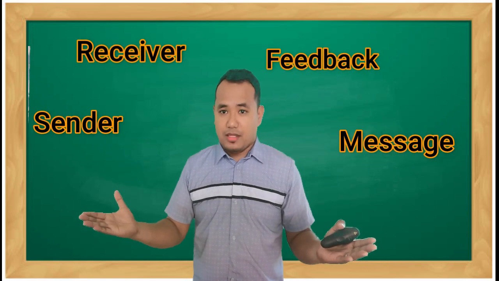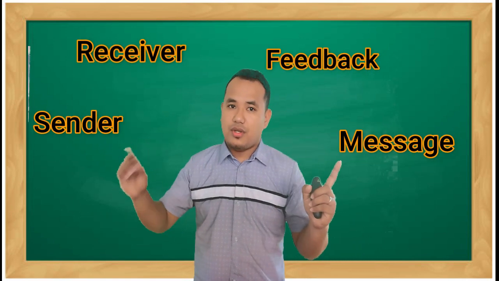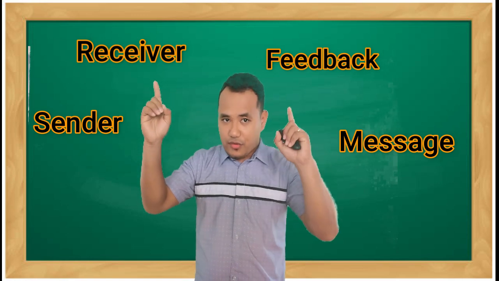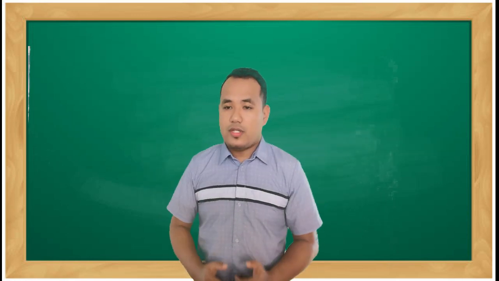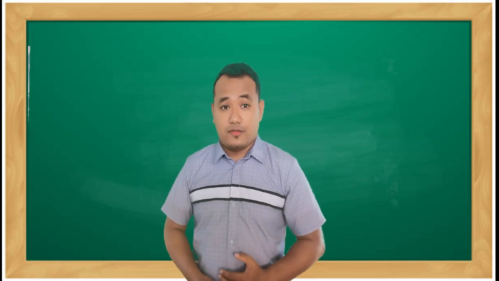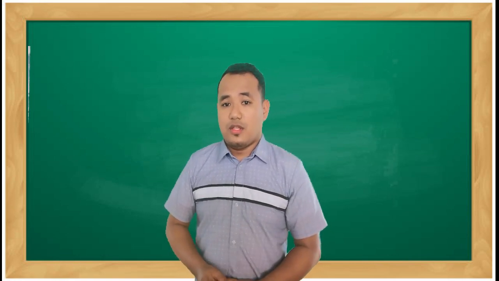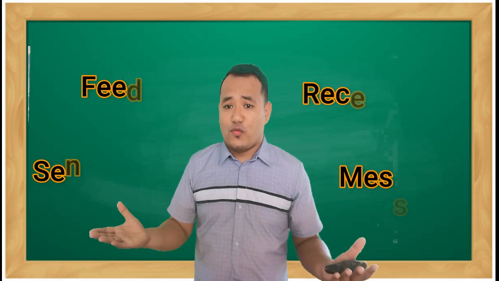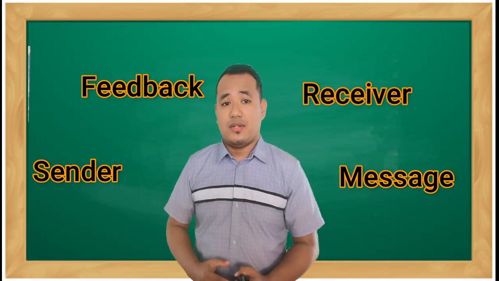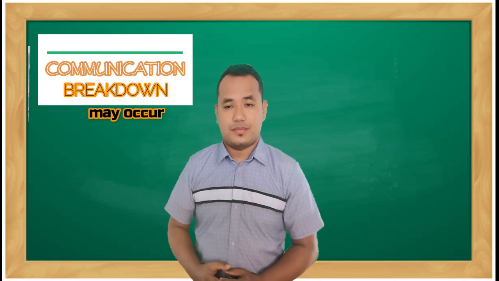These very same elements, the sender, the message, the receiver, and feedback, can pose a threat to the efficiency or effectiveness of the process. In the event that problems in any of these elements arise, communication breakdown may occur.